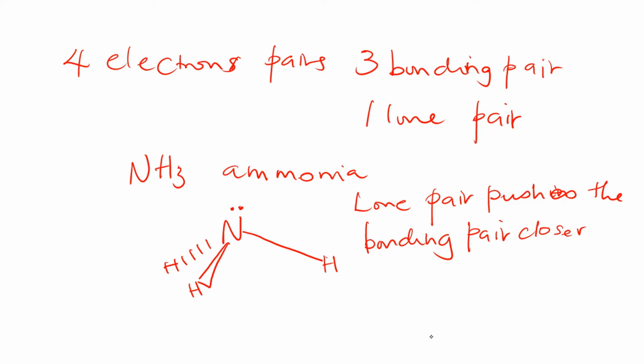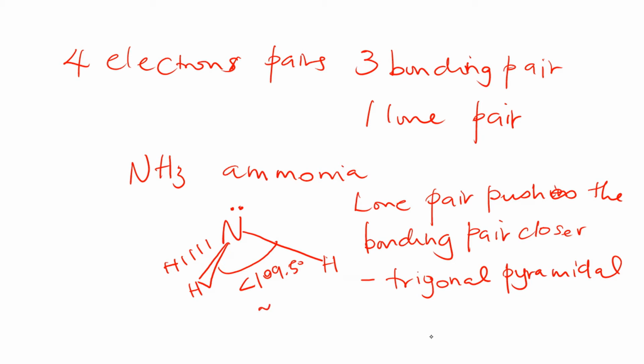So instead of adopting the tetrahedral shape that it wants to adopt, it adopts a trigonal pyramidal shape. And this has a bond angle less than 109.5 degrees, approximately 107 degrees.